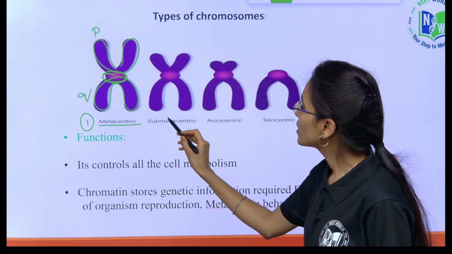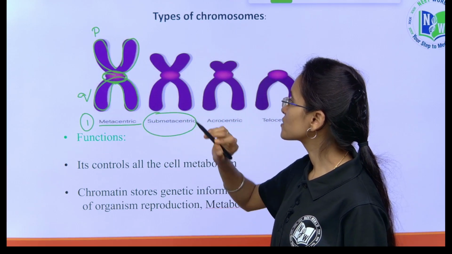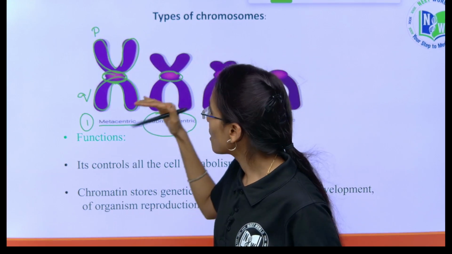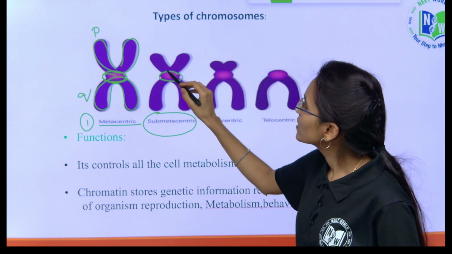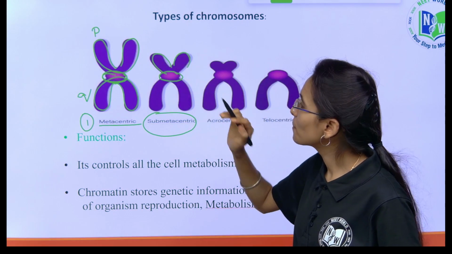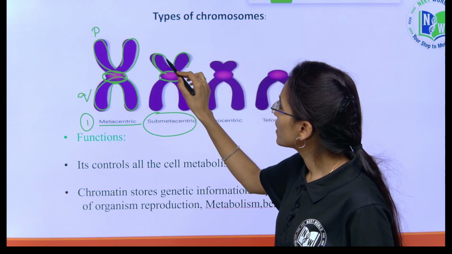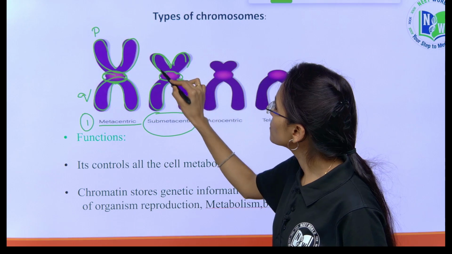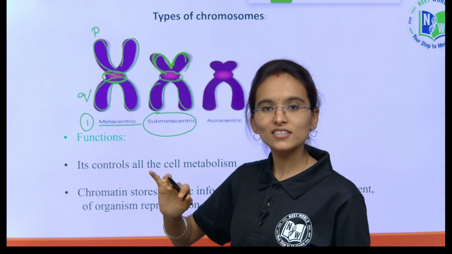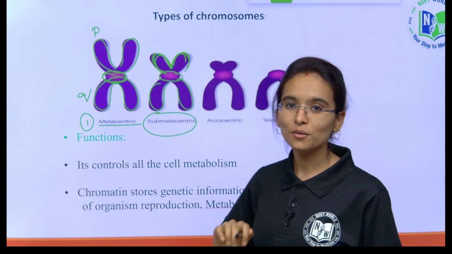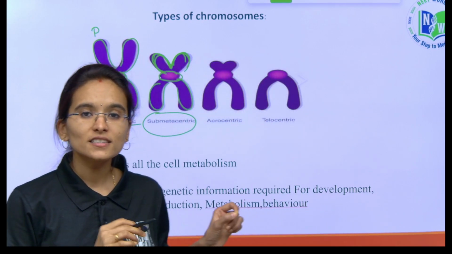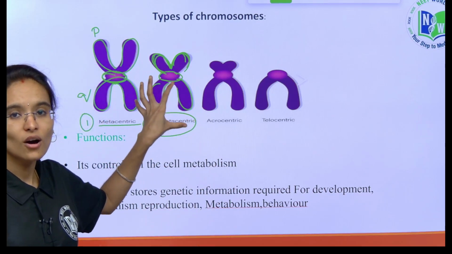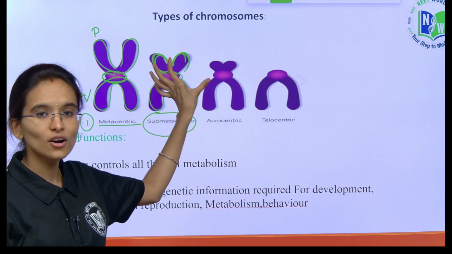In the metacentric chromosome, the centromere is located in the center and it forms 2 equal arms. Whereas in the submetacentric chromosome, the centromere is located slightly upward, and here we can find 2 long arms and 2 short arms.